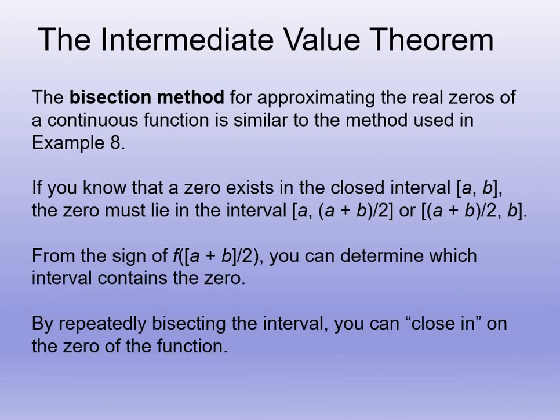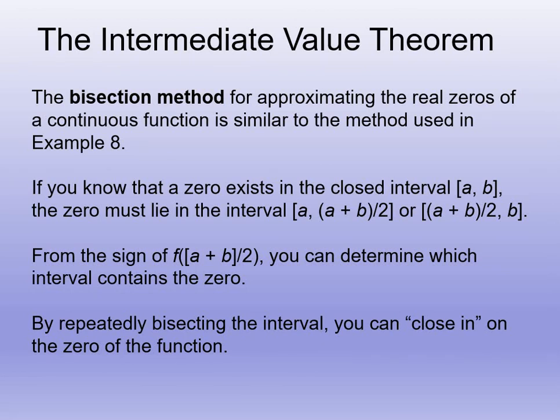So with the intermediate value theorem, we can also use the bisection method for approximating the real zeros. Remember, bi means we're going to divide it in 2. So if we have a and b, we take a plus b divided by 2.